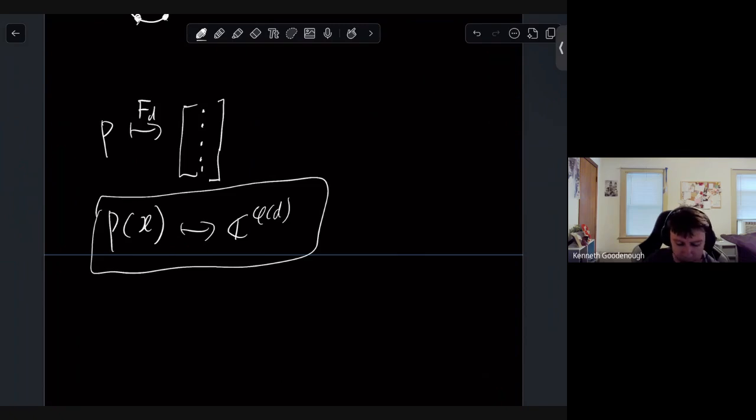One thing we could do is look at the ideal, which should be generated by the cyclotomic polynomial for a given D. We can then quotient out all the polynomials by this ideal generated by the cyclotomic polynomial. And I guess the kernel, yeah, I'm not really saying anything new here.